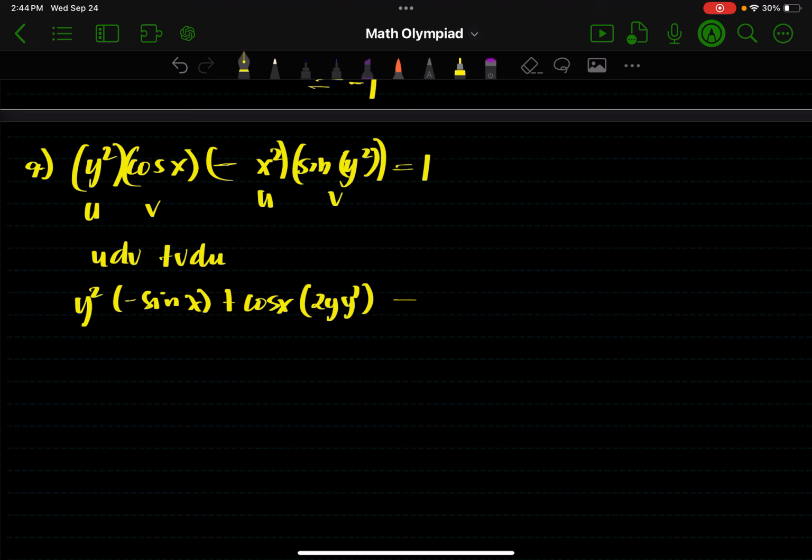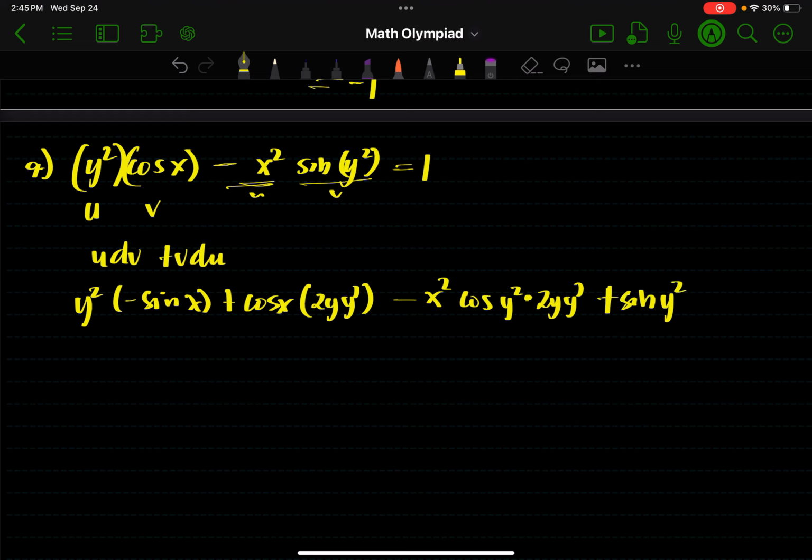So this will serve as our u and v. Copy u, x squared, times the derivative of v, which is cosine y squared times the derivative of the angle, 2y y prime, plus copy v, the sine y squared, then the derivative of negative x squared is negative 2x, equals 0.